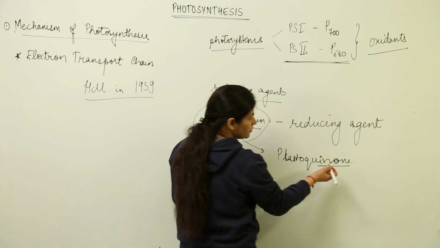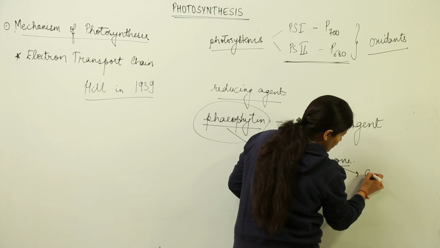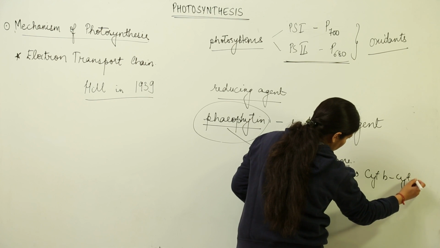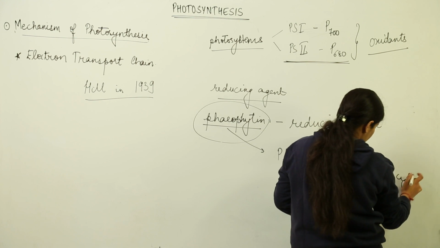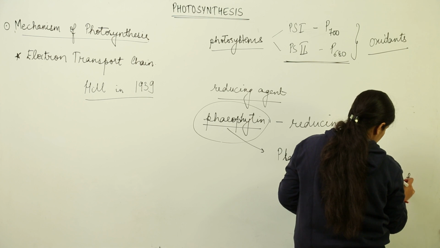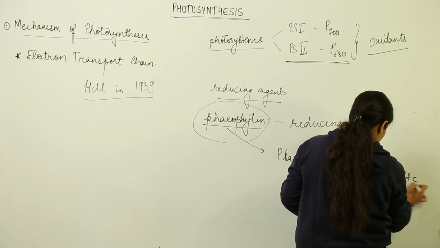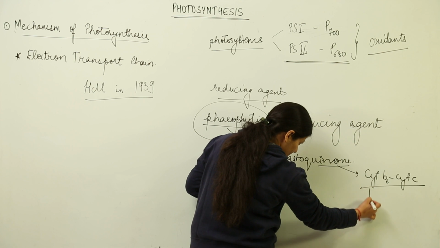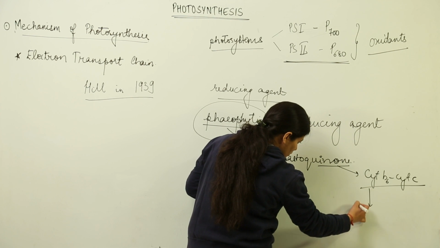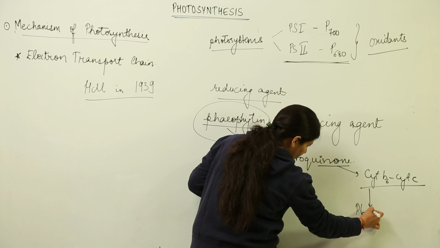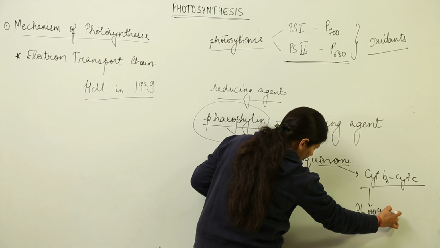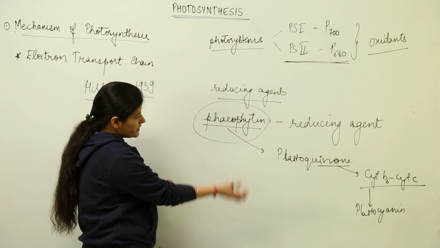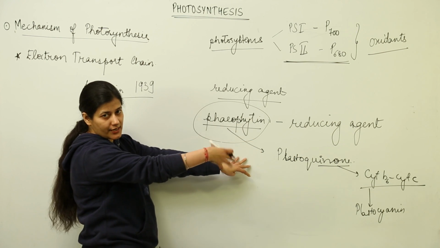Then plastoquinone passes on its electron to the cytochrome b6f complex, and the cytochrome b6f complex further passes its electrons to plastocyanin. Now, these agents are taking up the electrons.